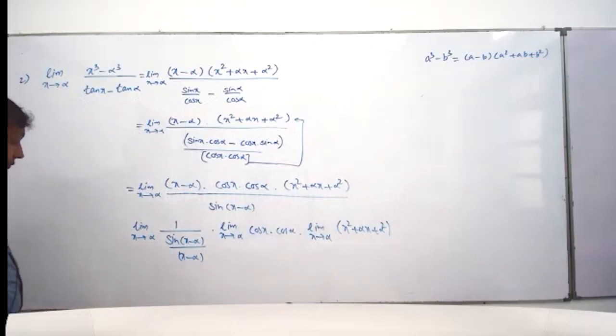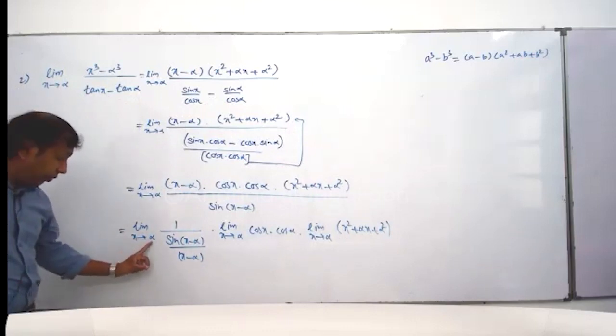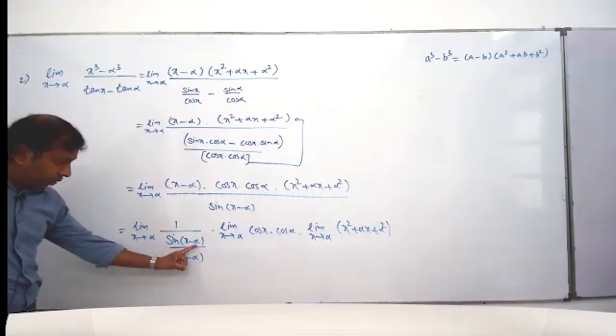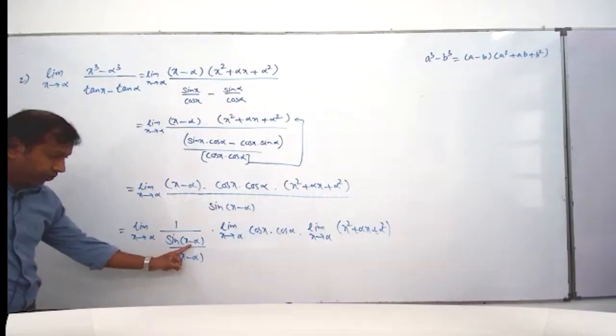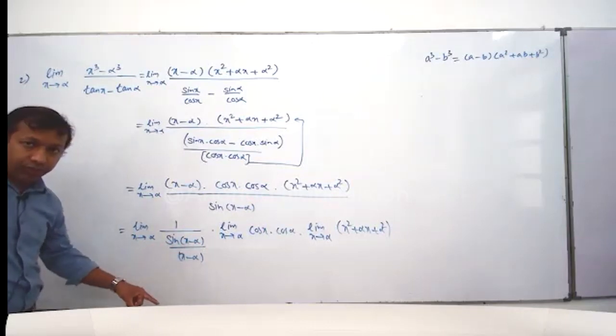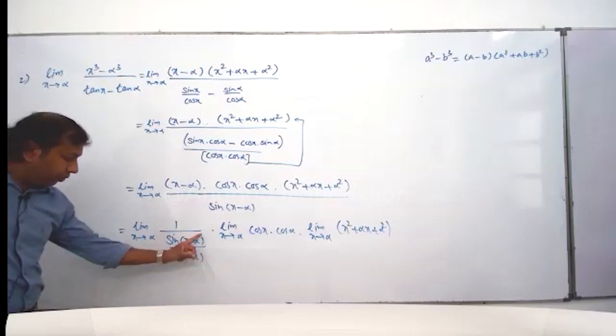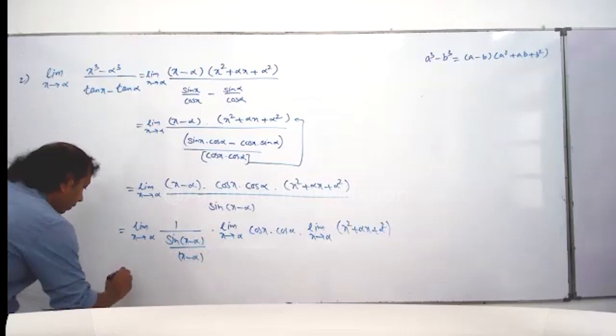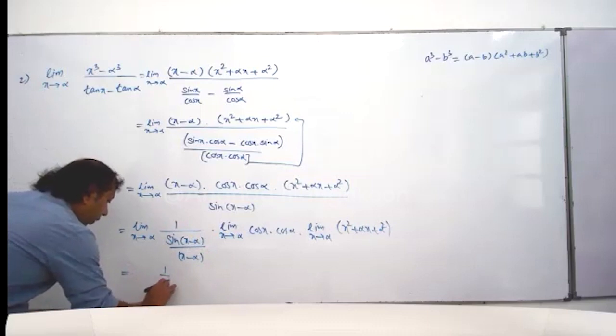Now you know as x going to alpha, this x minus alpha part is 0. Then here we have sine theta by theta, with theta going to 0. Therefore, this is 1. So 1 over 1.